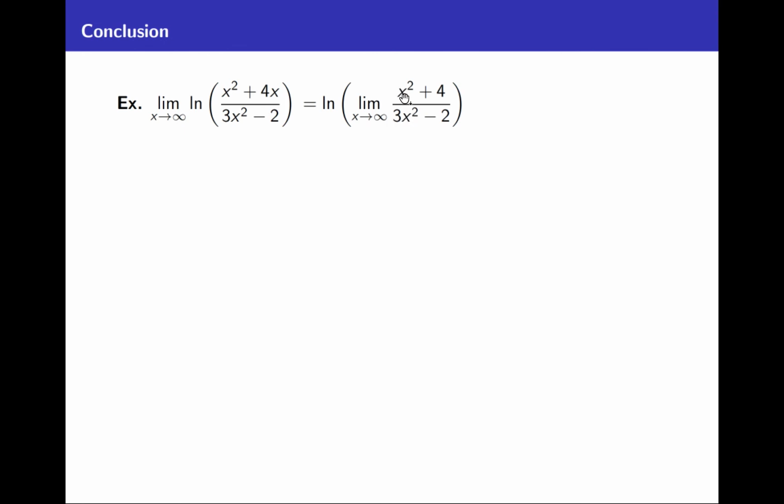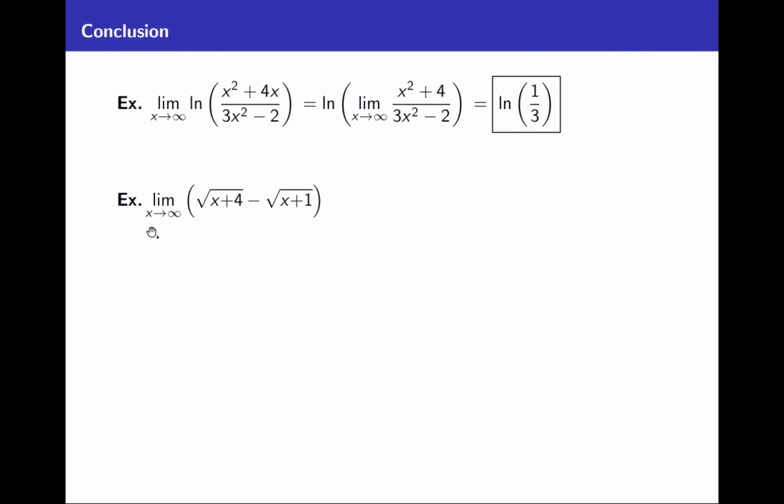You got an x squared on the top and the bottom. So we know, using a shortcut, to collect our coefficients of 1 and 3 of those highest powers, and this limit is going to work out to 1/3. That limit is plugged into ln, so to get our answer, we have ln of 1/3.